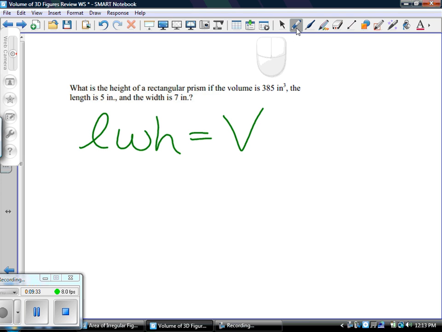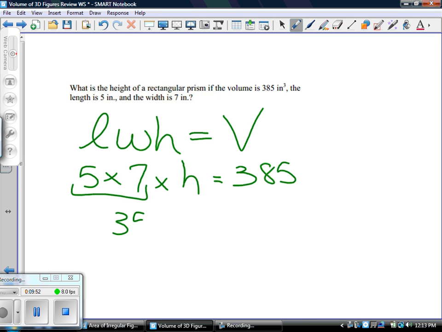So let's plug in what we know. We know the length is 5, we know the width is 7. We do not know the height, so I'll leave the h. But we do know the volume. So really what I know is that 5 times 7 times some number h has to give me 385. But I know that this 5 times 7 is 35. So technically, 35 times h has to give me 385.